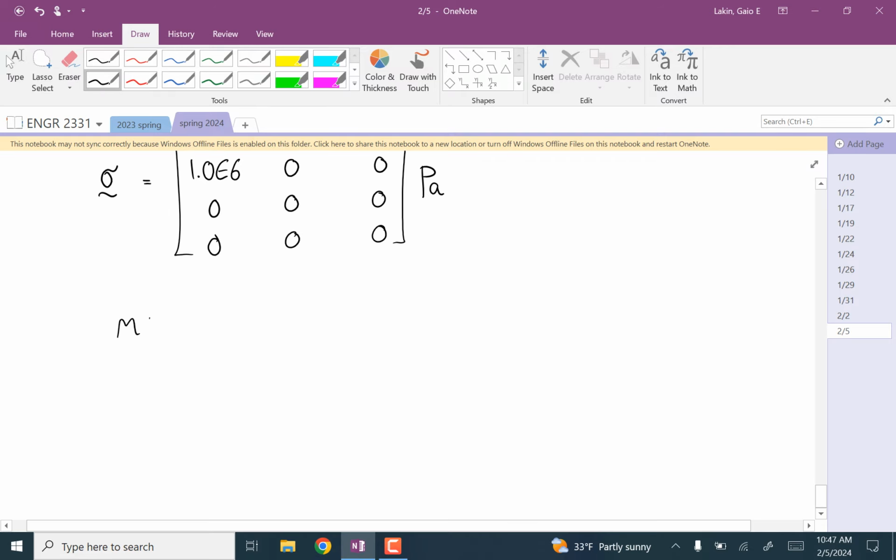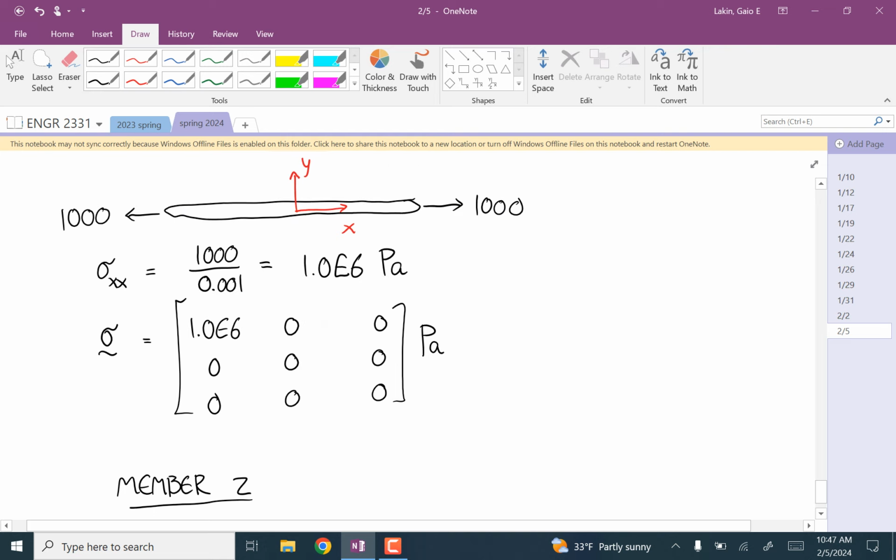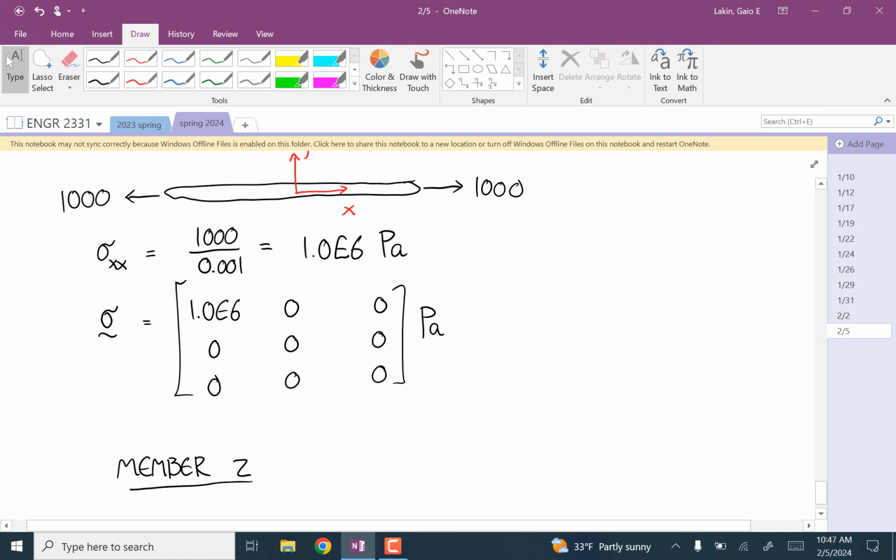Member 2. This was in tension of 500, right? Before I write that down, remember, what points is this stress tensor valid for? Any points that are not right at the ends.